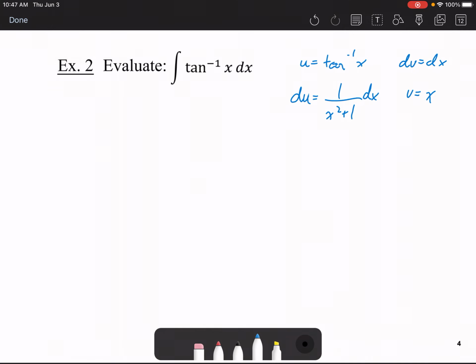So this simplifies to x tan inverse of x minus the integral. I'm going to multiply the x over the x squared plus 1 dx.